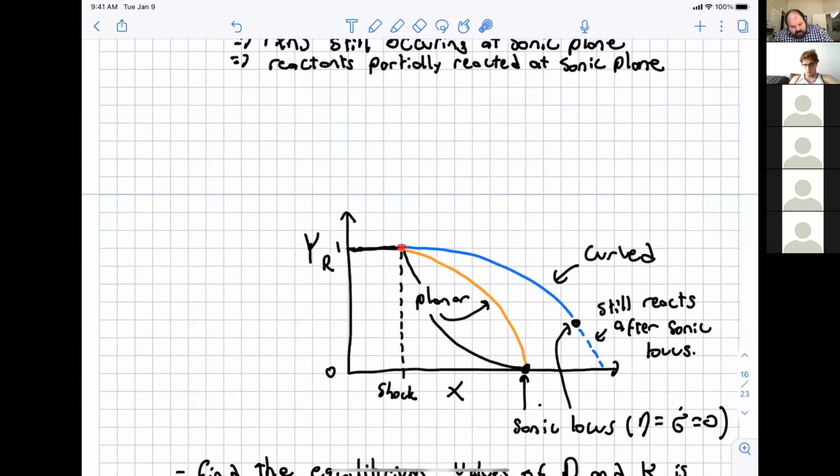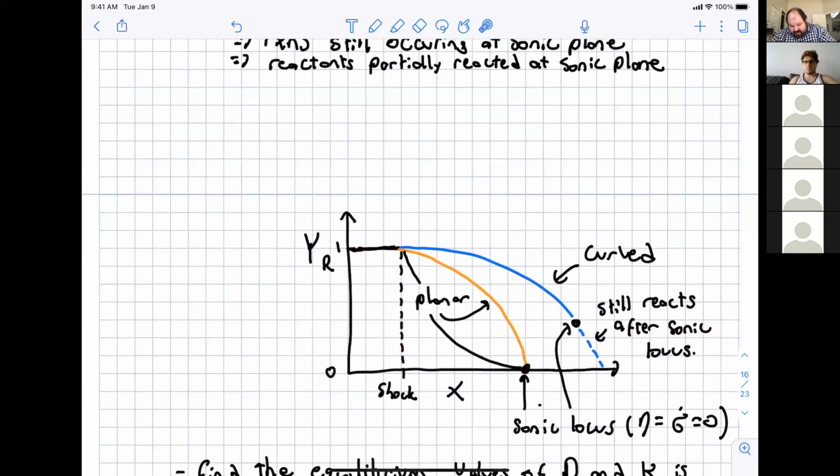But for a curved detonation, due to the extra curvature terms, the sonic locus will occur before all of the chemical reactions are complete, or before the reactants are depleted. So basically there's still some reactant left over. That's due to the modified thermicity, which is now modified to account for the curvature effect.